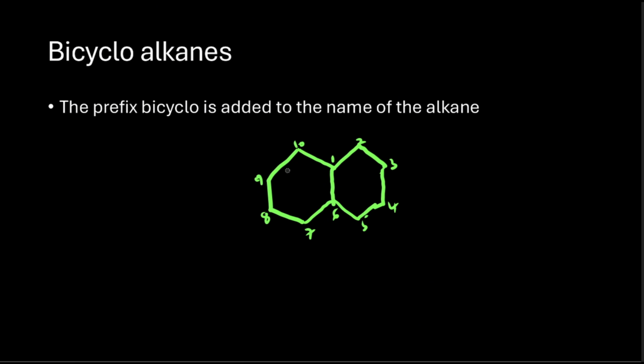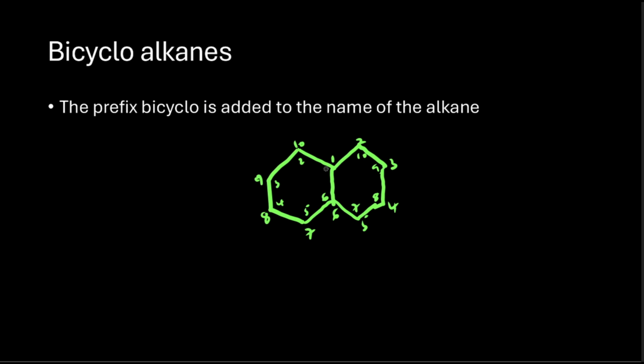Let's count either way as well. We have 1 here, 2 here, 3 here, 4, 5, 6, 7, 8, 9, and then 10. So we can see that both sides of the bridge contain the same number of carbon atoms, and so we can do the numbering either ways.